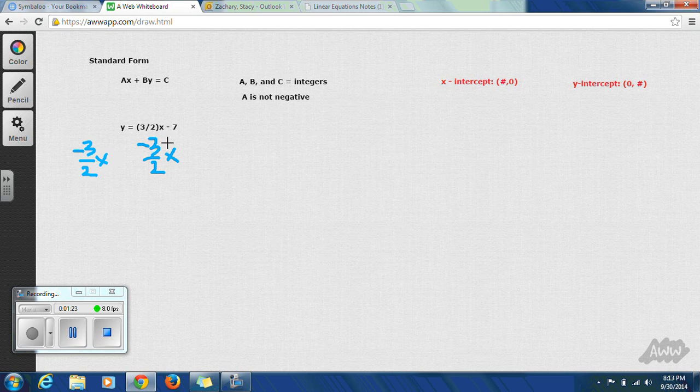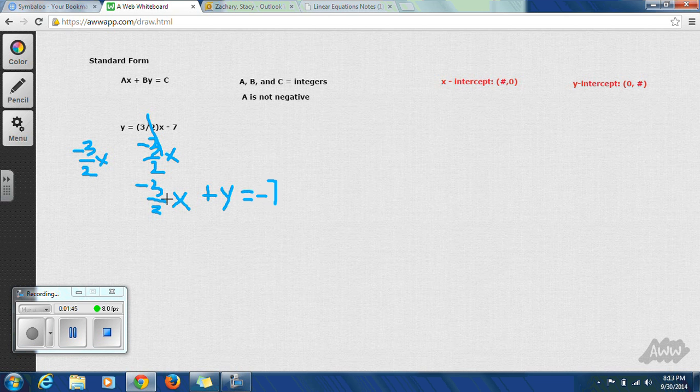So when I do that, it's gone on the one side, and you're left with negative 3/2 x plus y equals negative 7.